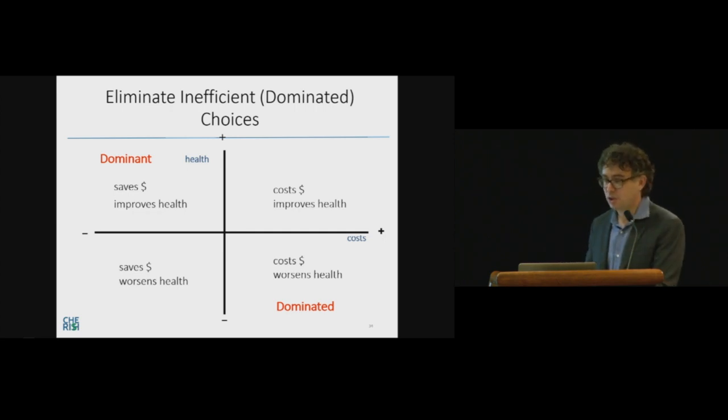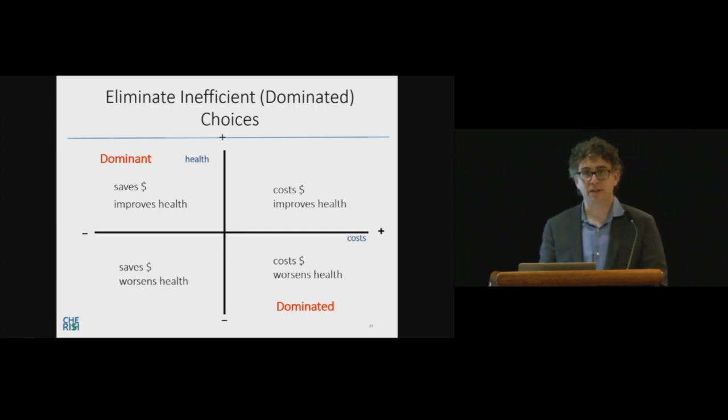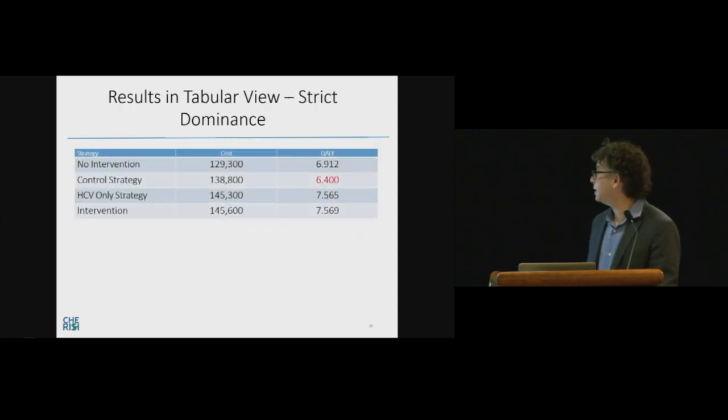So there's actually two different types of dominated strategies. The first one is called strict or absolute dominance. It's the easiest one to wrap your head around. So imagine, this looks like the cost effectiveness table from earlier, but the numbers are different.